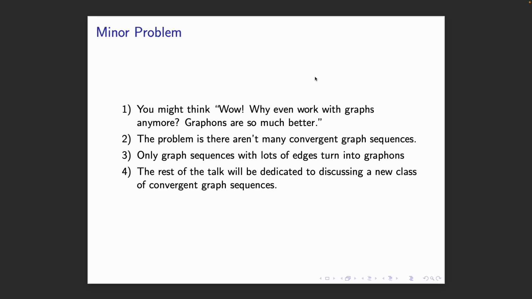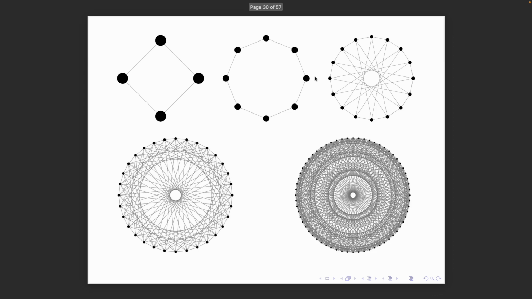So the rest of this talk and the bulk of my thesis concerns a new class of convergent graph sequences. These are Cayley graph sequences, highly symmetric graphs, and we're going to exploit the symmetries of these graphs to describe a very fitting limit object that is going to be highly related to the underlying groups used to generate these graphs.